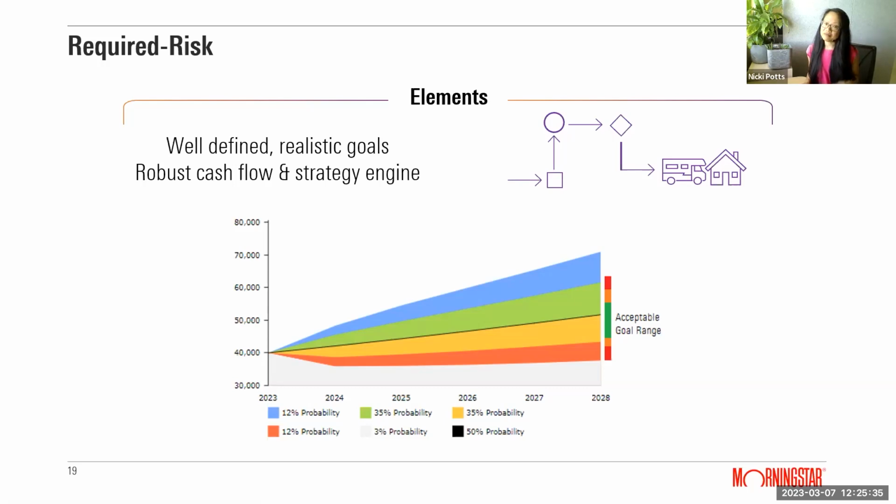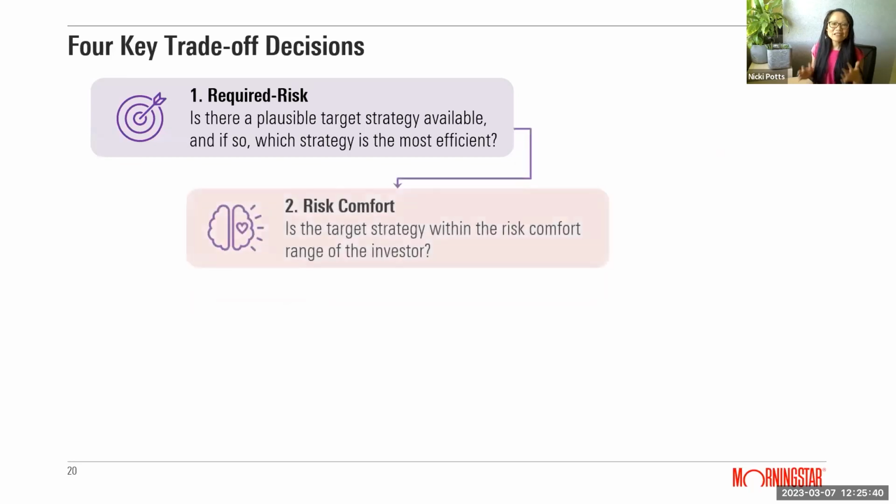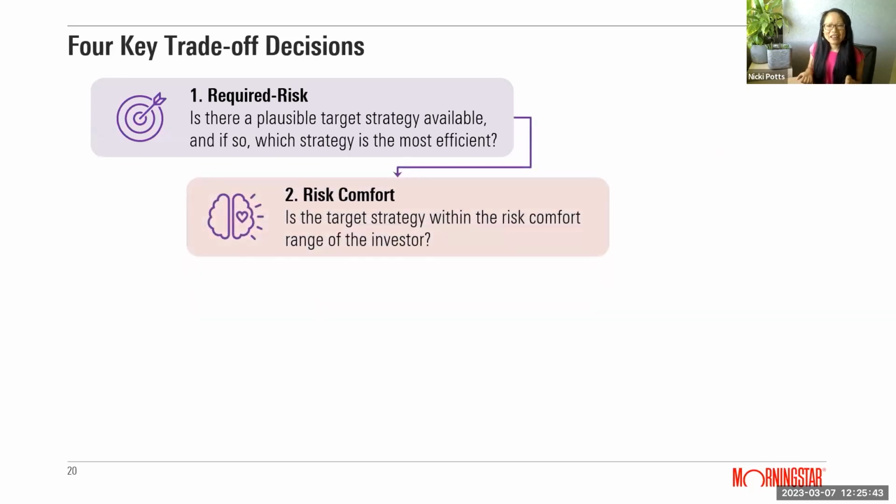Now, once required risk is resolved, then and only then can we turn our attention to risk comfort. To what degree is the goal-serving target strategy within the risk comfort range of the investor? In other words, is the expected volatility psychologically tolerable to the investor? Risk comfort is more of a concern when the investor's goals require a more aggressive strategy than they are comfortable with.